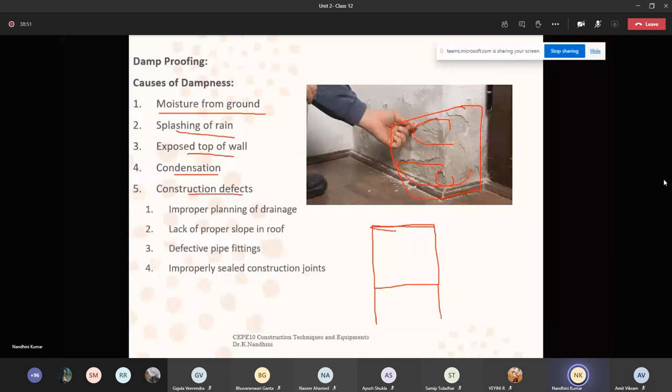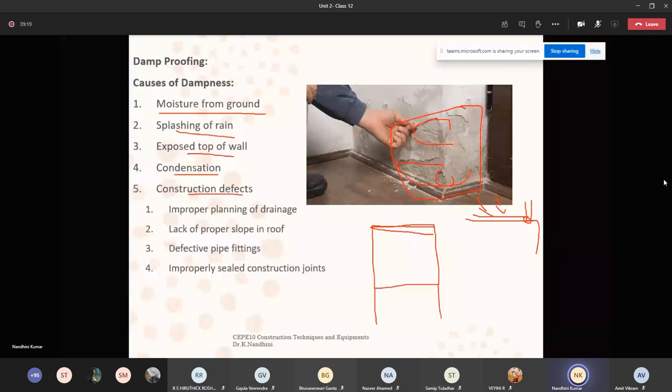It will be a little sloped, not too much, because only if they provide a slope will the rainwater be carried away. There will be an outlet in the parapet wall from which that water will be either collected for rainwater harvesting or drained off from your building. This slope will always be provided.